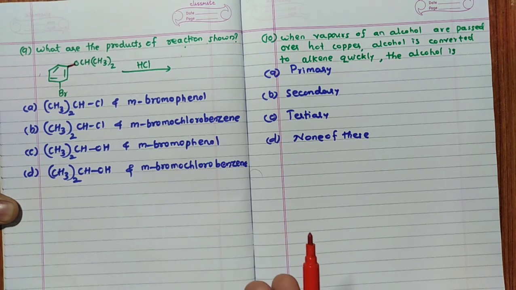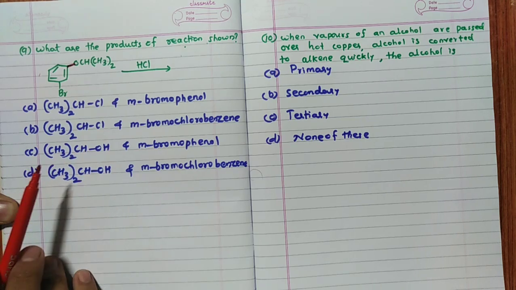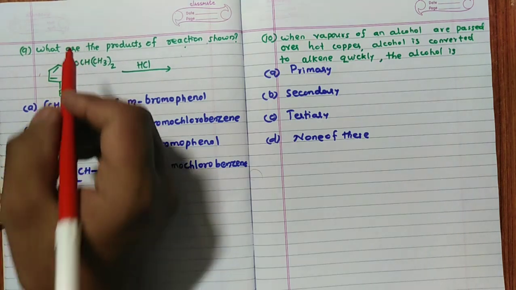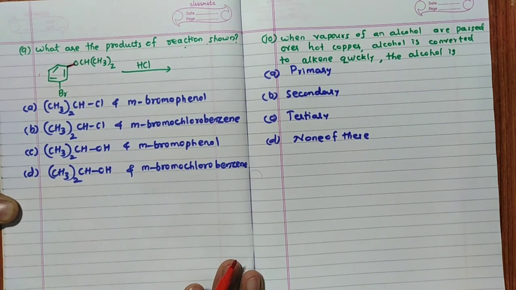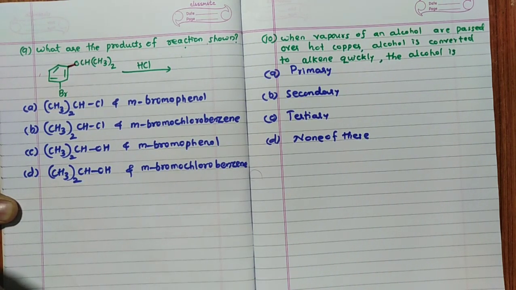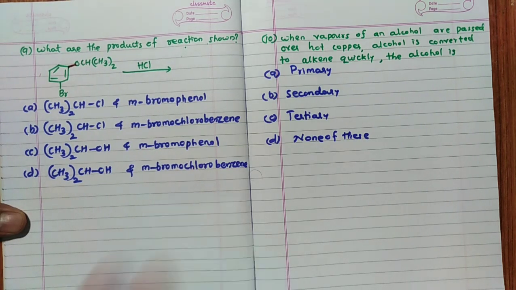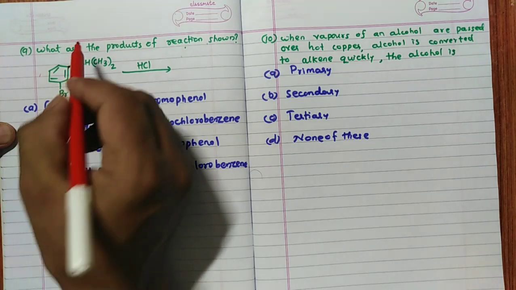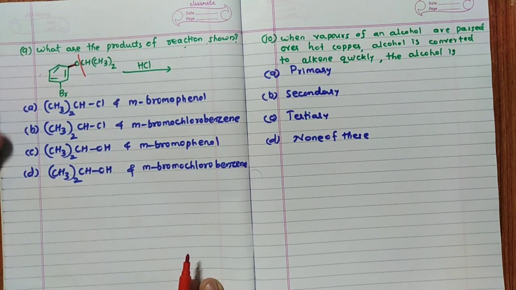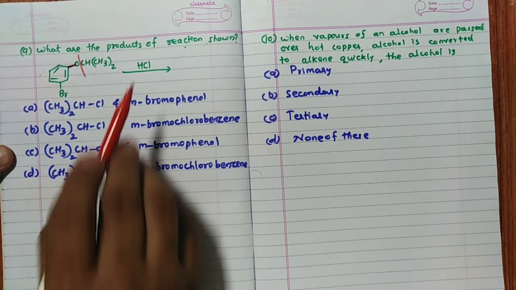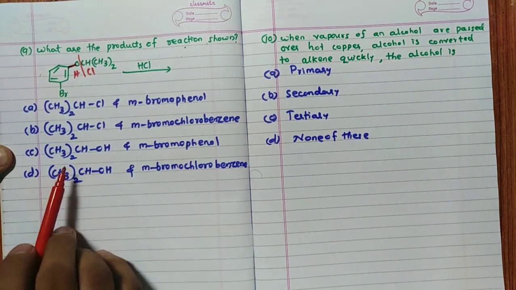The reason for that is, in this particular case, this bond cleavage does not take place. So what will happen is, this bond and this bond cleavage take place, so H attached to this oxygen, Cl attached here.